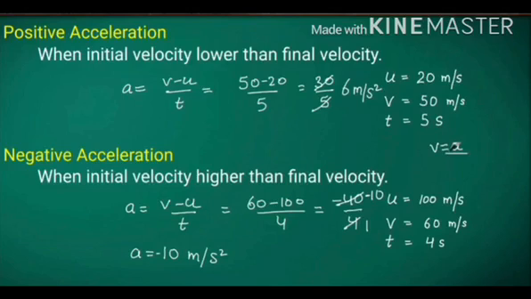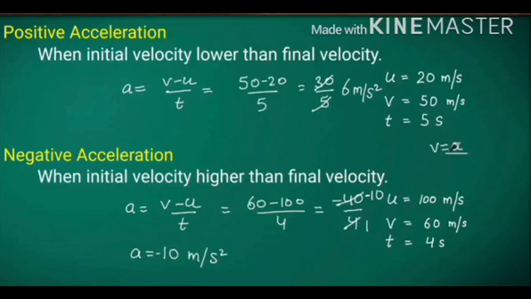Now see the first case, with positive acceleration. a is equal to v minus u upon t. So 50 minus 20 upon 5. This is 30 upon 5, which is equal to 6 meter per second square. In the case of negative acceleration, the same, acceleration is equal to v minus u upon t, but in this the final velocity is 60 and the initial is 100.